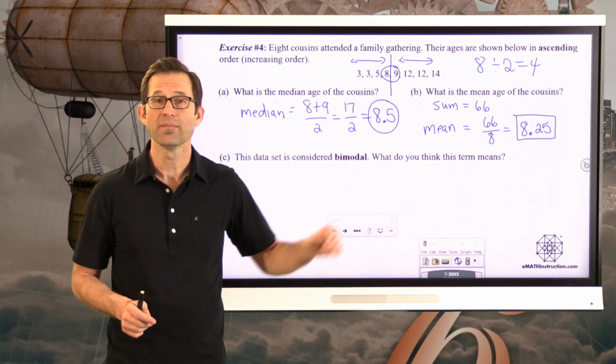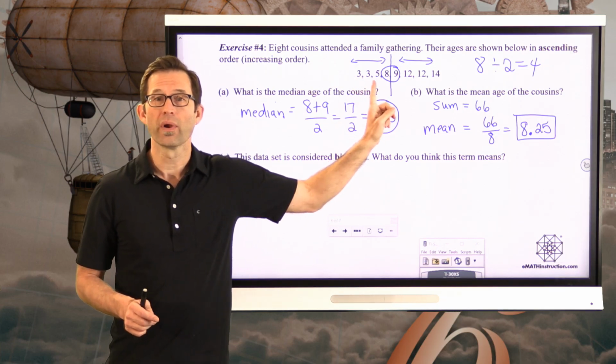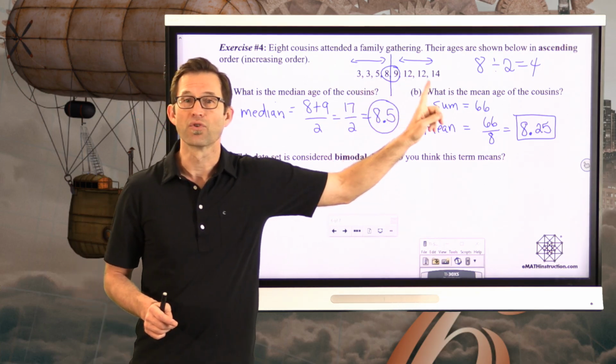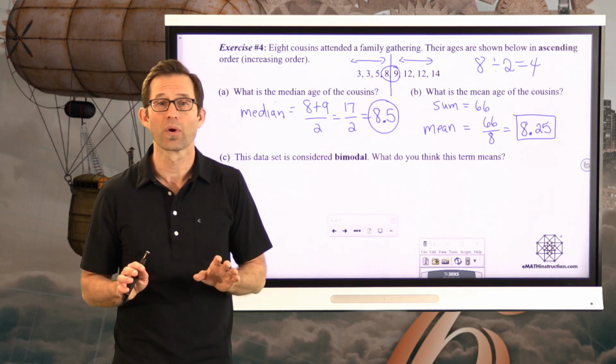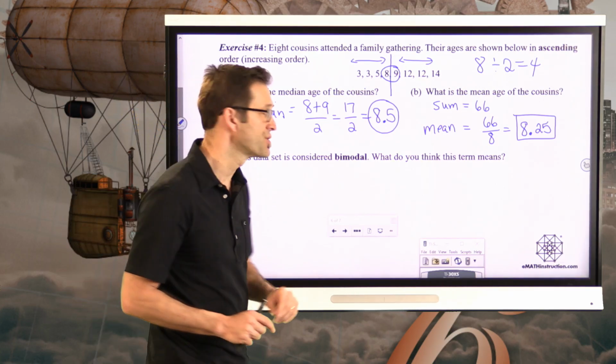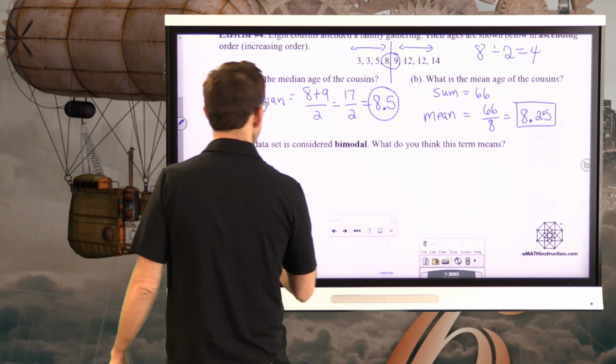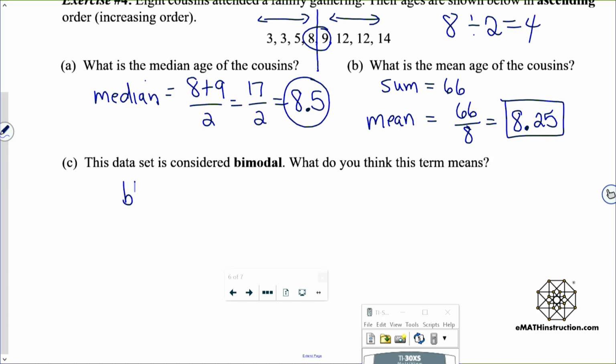Well, does it? You bet. Because the number 3 occurs twice, the number 12 occurs twice, right? So there are 2 numbers that occur more than any of the other numbers. So literally this data set is called bimodal because it has 2 modes.